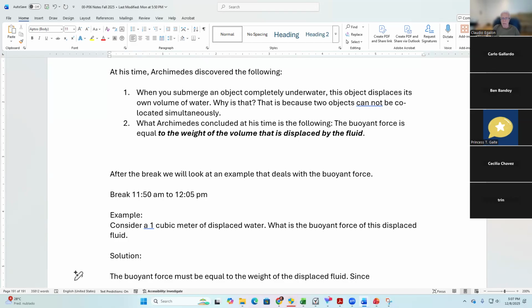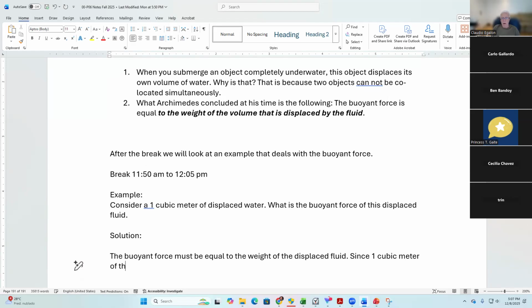Since 1 cubic meter of the fluid was displaced, then its buoyant force must be equal to the weight of 1 cubic meter of water, right?